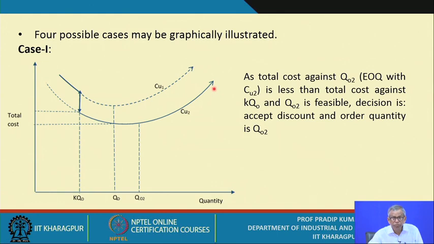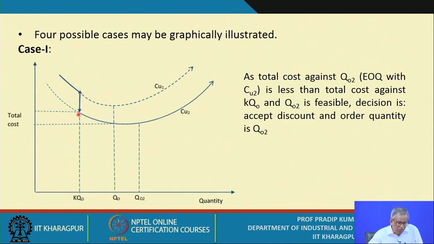Is it okay? So the vertical axis represents the total cost and the horizontal axis represents the quantity. Now suppose you are here, so you move like this, and at this point K into Q0, is it okay? You have Q02 over here, that is the EOQ with CU2, but before you reach Q02, you are getting a discount offer with CU2.